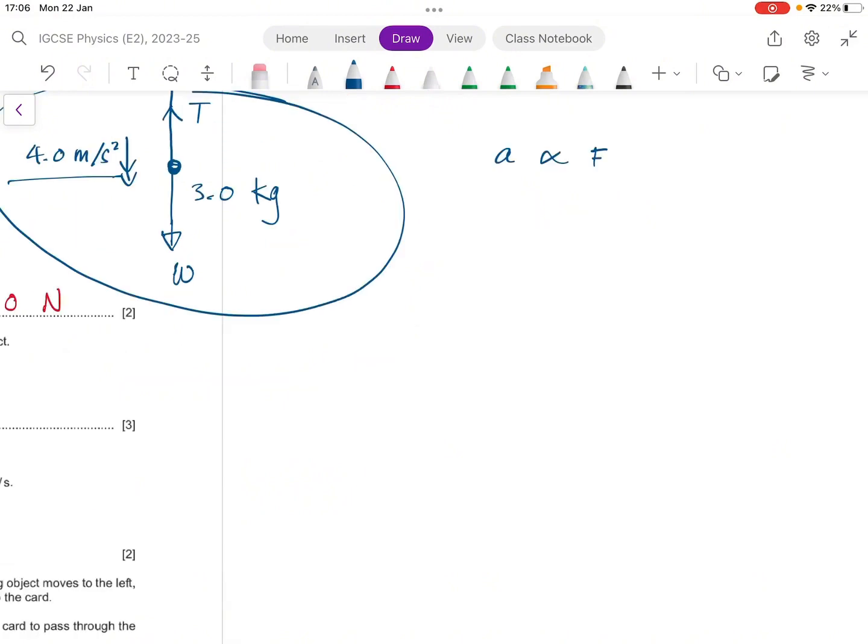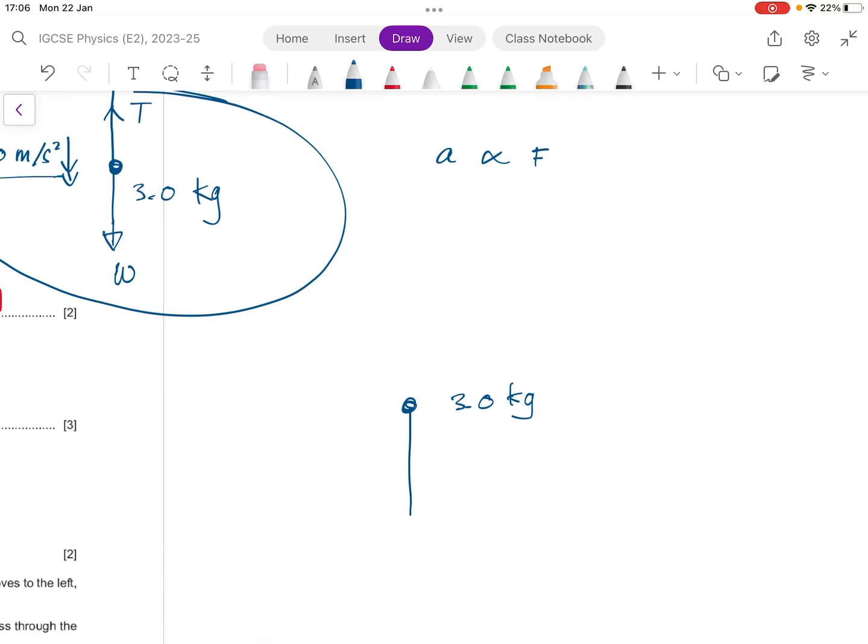Okay, let's take a look. So we have a 3 kg object, and right now it has some weight. And in the opposite direction, there's also the tension from the string. So we have the weight, and then we have the tension.